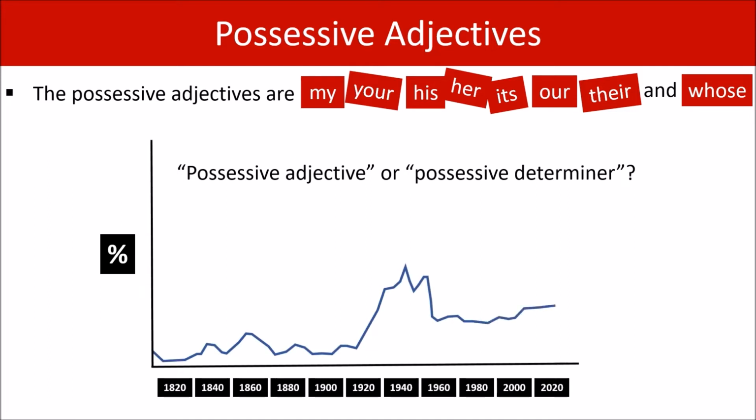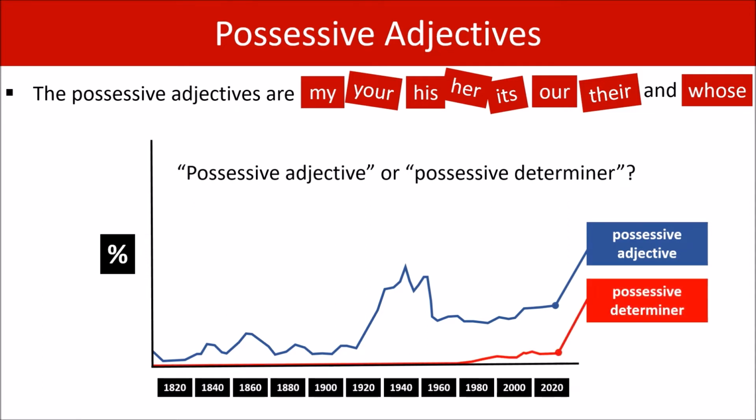So this is possessive adjective, and this is possessive determiner. What this graph shows us is that the term possessive adjective is still notably more common than possessive determiner, and also that possessive determiner is a relatively new term, but just be aware that both terms exist.